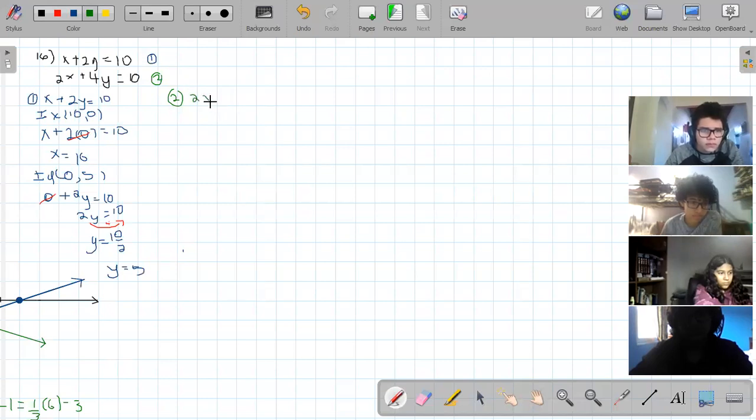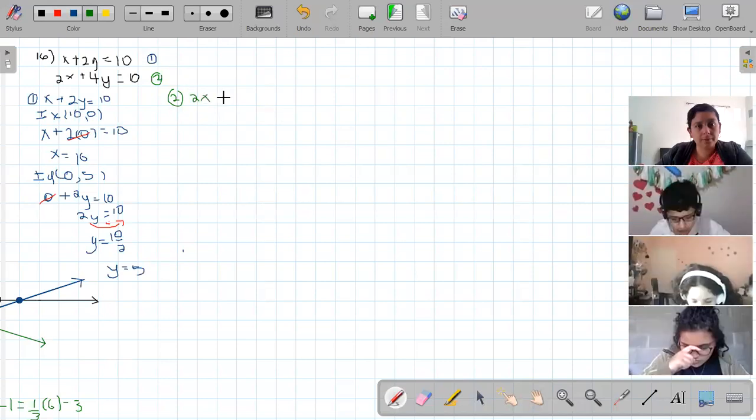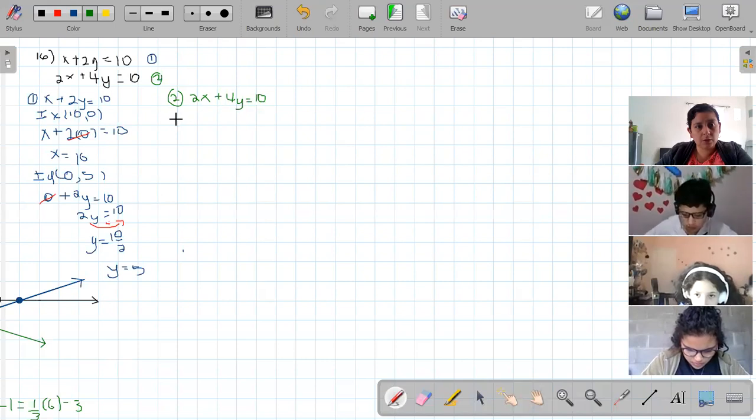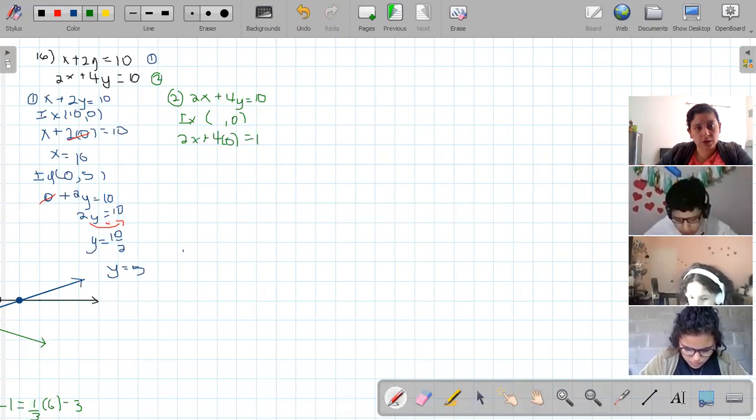Now for equation 2, we do exactly the same thing. So we got 2x plus 4y equals 10. Okay, so intercepting x, we got 2x plus 4 times 0 equals 10.